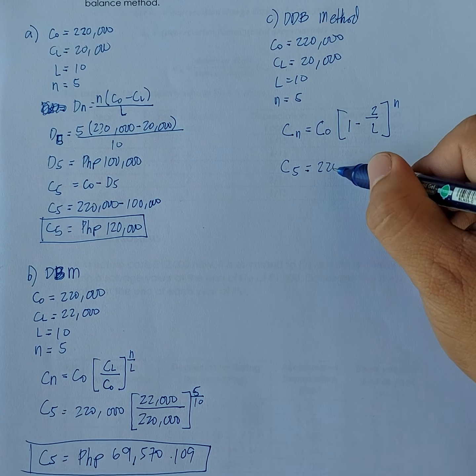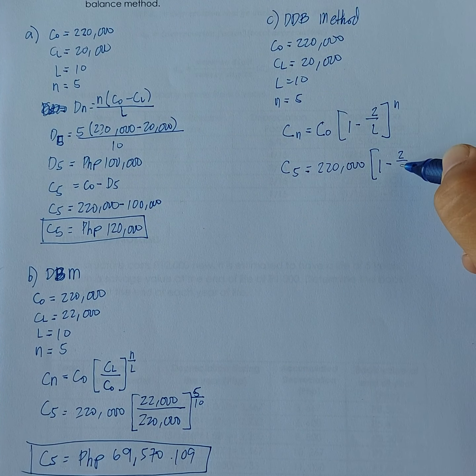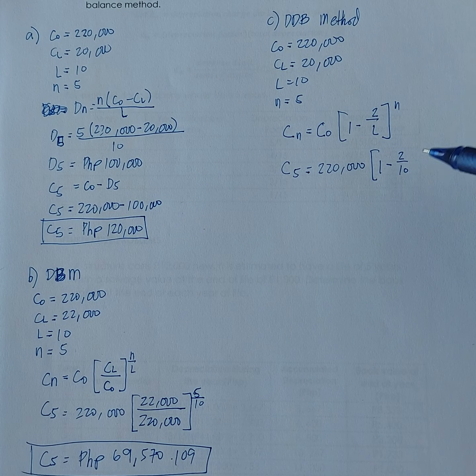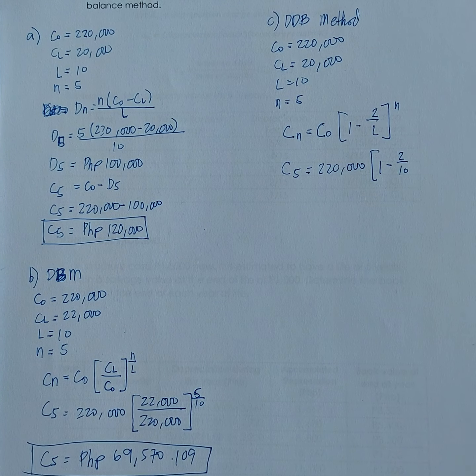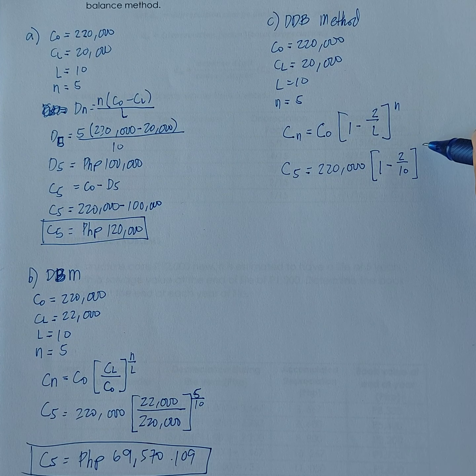So C sub 5, the book value on the fifth year, we have 220,000 times 1 minus 2 over 10, since 10 is the lifespan of the machine, the calciner I should say, raised to 5.